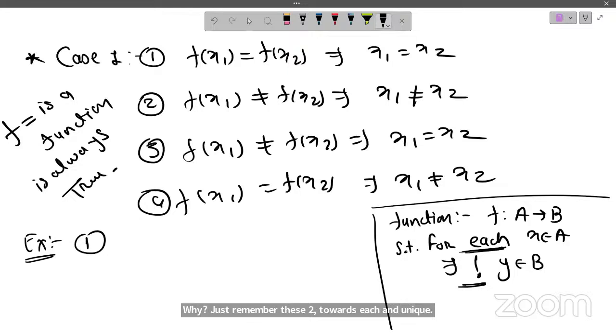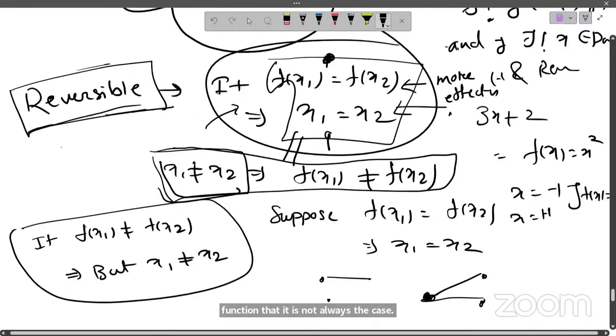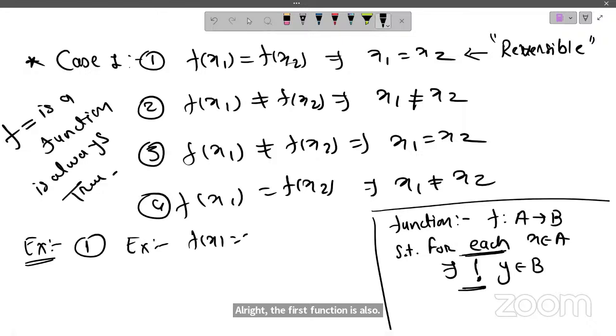So the first option says that you have two things which are similar in the range, and this will imply that x1 is equal to x2. This is a condition for reversible, right? So if it is just given that f is a function, that is not always the case. For example, just take f of x equal to x squared.